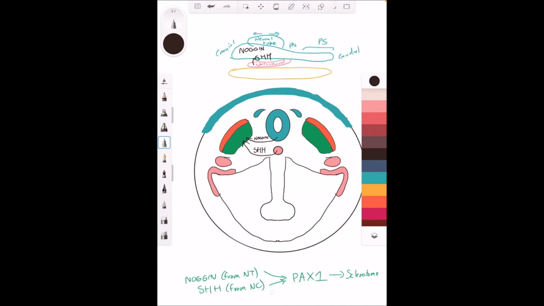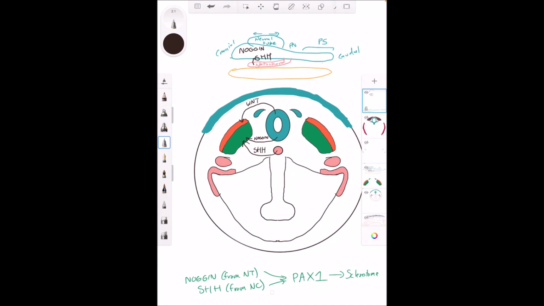The ventral side of the neural tube secretes noggin, but the dorsal side is going to be secreting something else, which is one of the Wnt proteins. I think it's like Wnt1. It doesn't matter, but it's a Wnt protein. And what this does is that it induces a different transcription factor called PAX3.